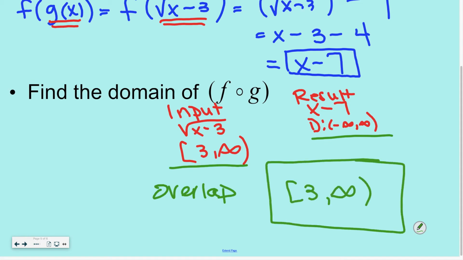So the domain for our composition is the overlap of the result and the input, which in this case occurs from 3 to infinity. Questions?